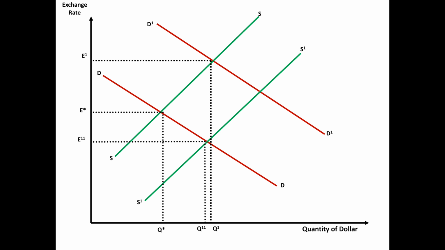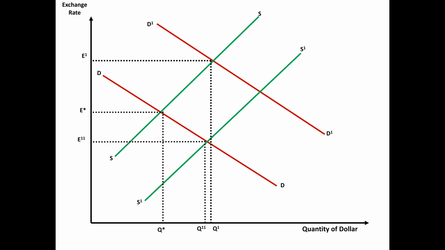In the vertical axis, we measure the exchange rate as per the first definition, that is the amount of domestic currency required to purchase 1 unit of foreign currency. The downward sloping demand curve and upward sloping supply curve intersect at the point where the exchange rate is equal to E star and the quantity of dollars is equal to Q star.